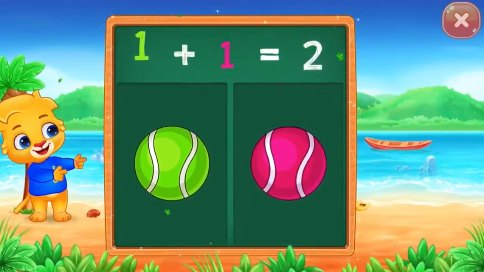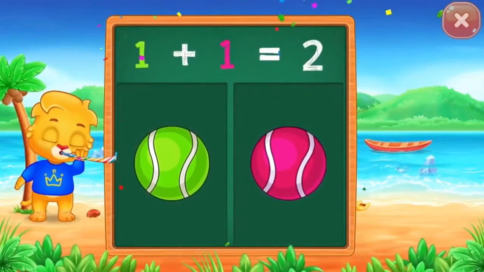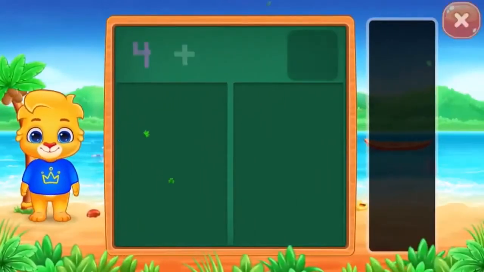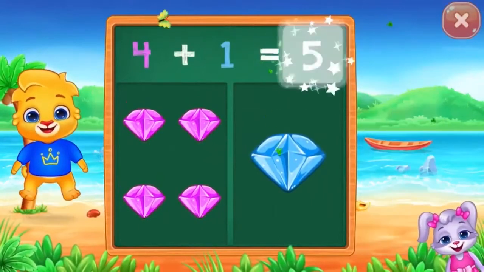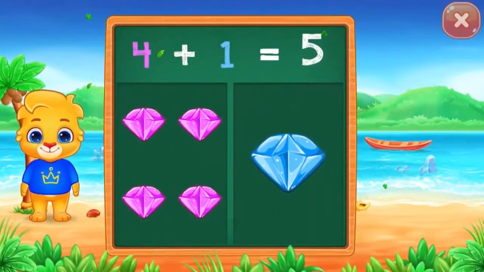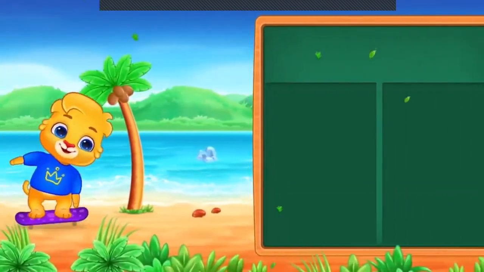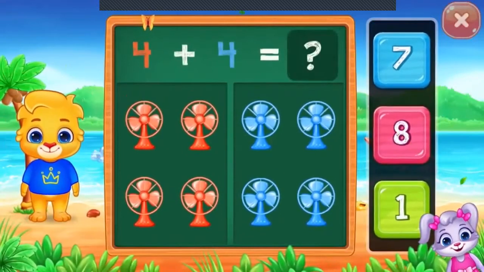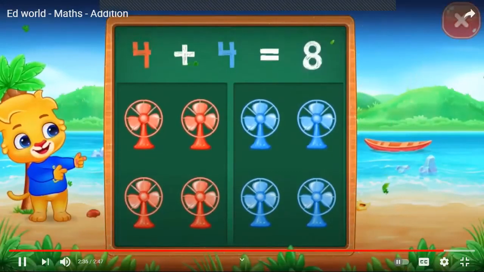Woohoo! 1 plus 1 equals 2! Diamonds! 5! Woohoo! 4 plus 1 equals 5! Pan! 8! Woohoo! 4!